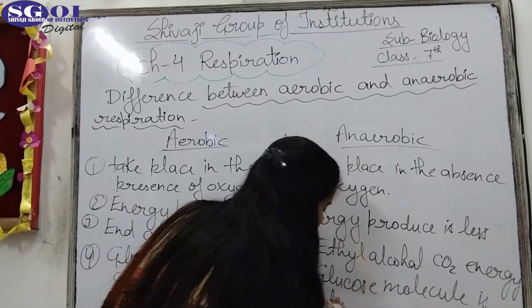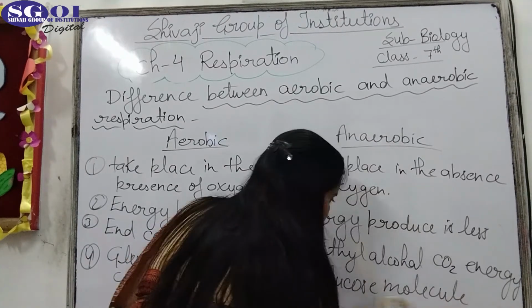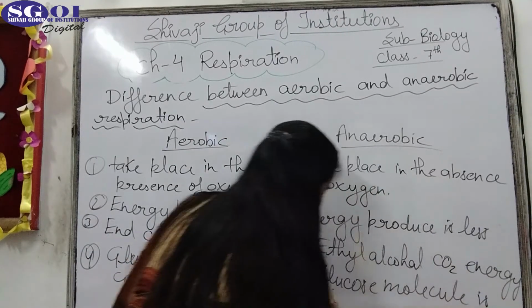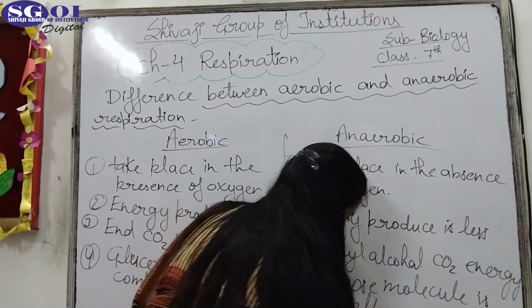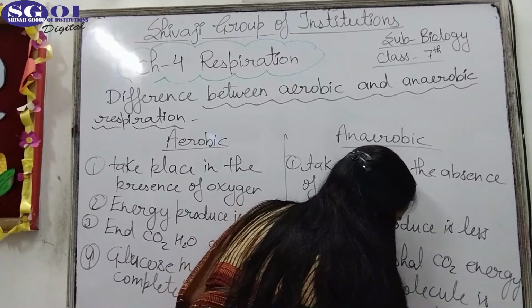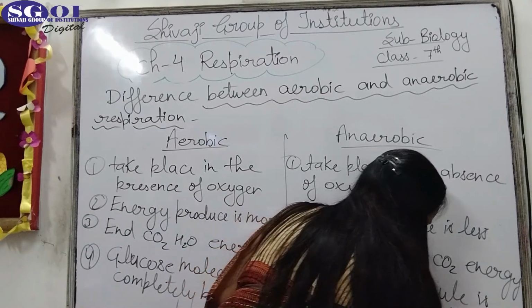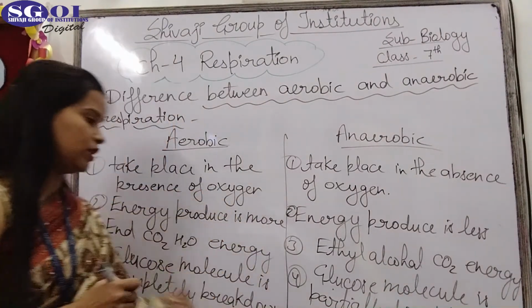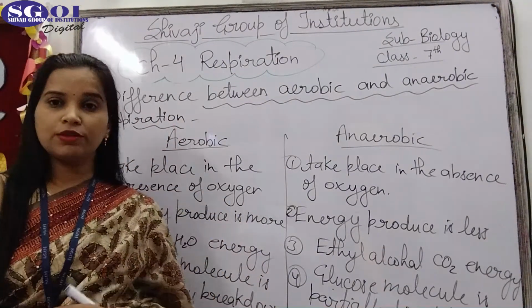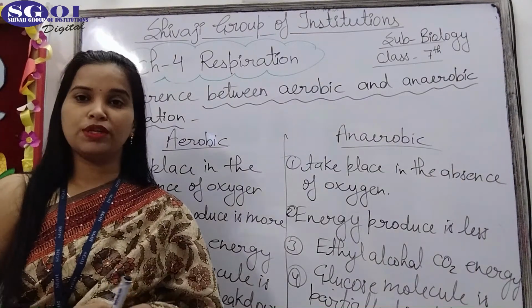It is partially broken down. इसमें क्या होता है? ग्लूकोज मॉलिक्यूल्स पार्शियली ब्रेक डाउन होते हैं, इसमें कंप्लीटली ब्रेक डाउन होते हैं. This is the difference between aerobic and anaerobic respiration.